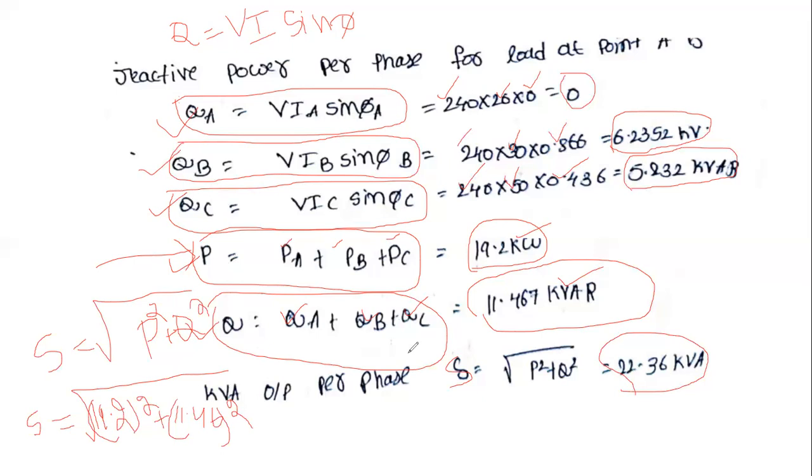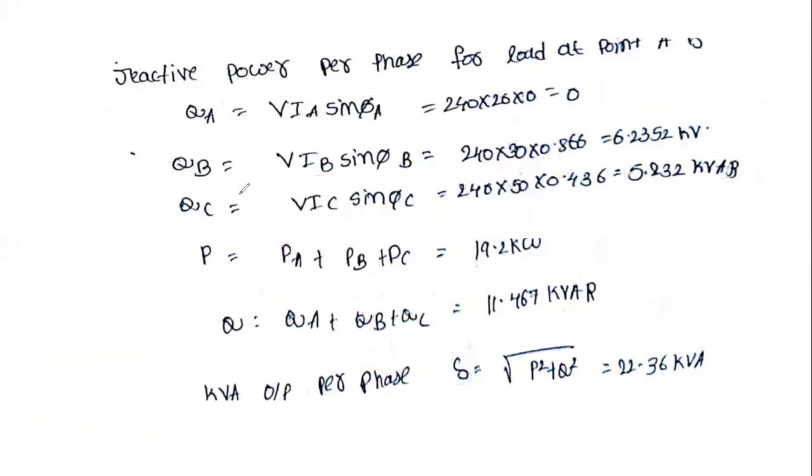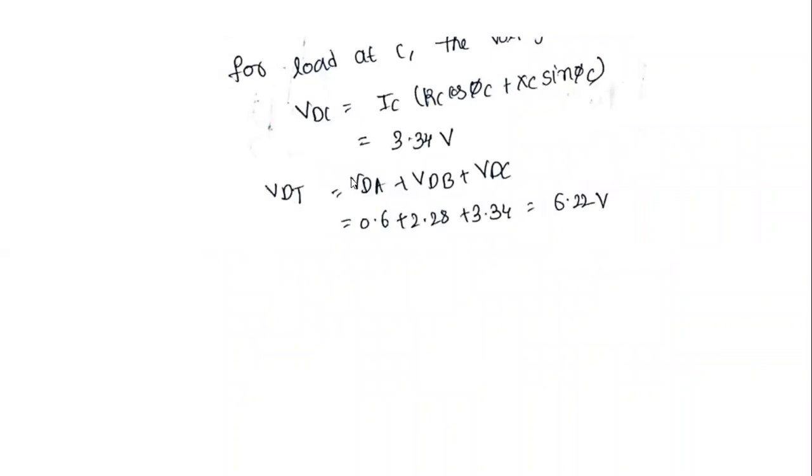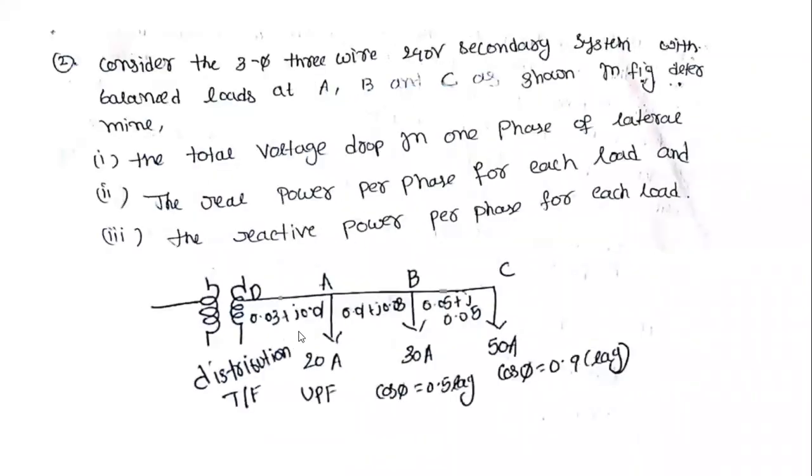These are the various formulas for calculating the active power, the reactive powers and the voltage drops at each and every section. We have 3 voltage drops, at point A, point B and point C. By using this single line diagram, we calculate the total voltage drop, VDC. What is the formula for total voltage drop? VDA plus VAB plus VBC.